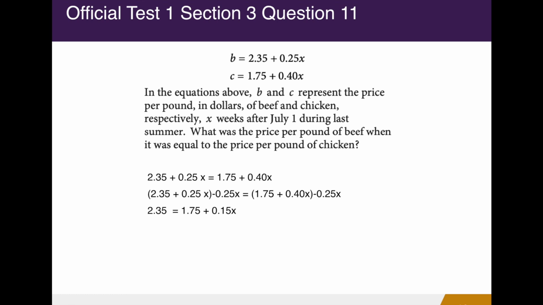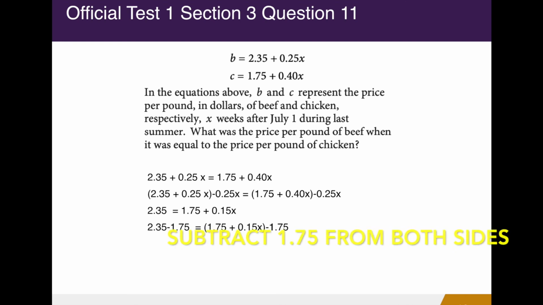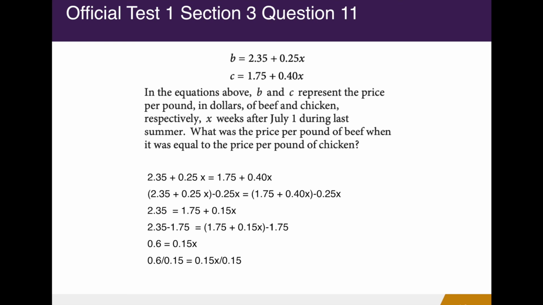And then we get 2.35 equals 1.75 plus 0.15x. 0.15 is 0.4 minus 0.25. And then we subtract 1.75 from the left hand side and also the right hand side. And then we get 0.6 equals 0.15x. And we divide by 0.15. We get 4 equals x.